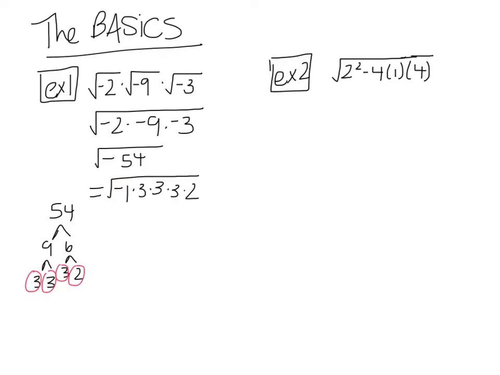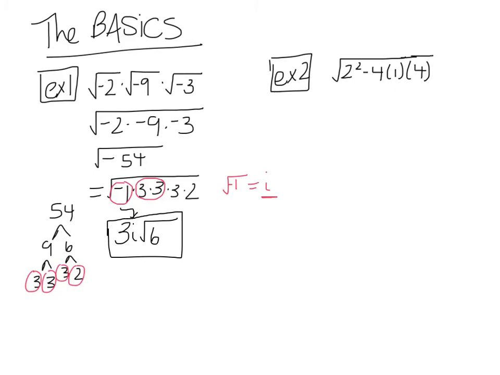Now remember, the square root of negative 1 is the same as i. So now when I pull out my pairs, I'm also going to circle my negative 1, because that means that the square root of negative 1 can be rewritten as i. So what comes out? For every pair, 1 comes out. So my 3, my i, and what's left on the inside? 3 times 2, or 6. And this would be my simplified answer.